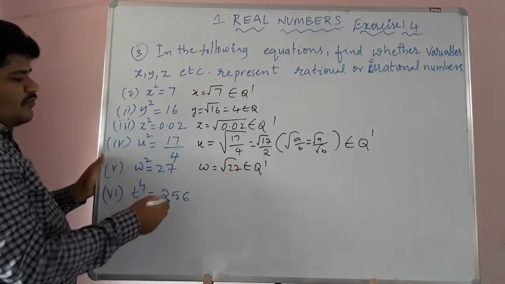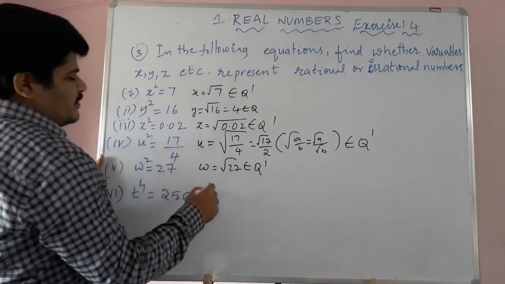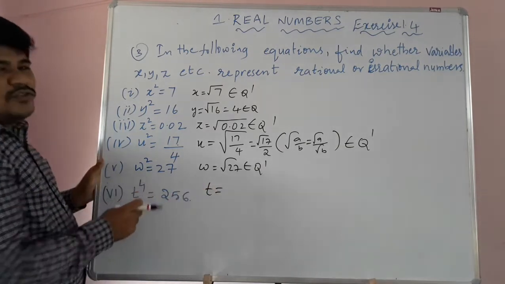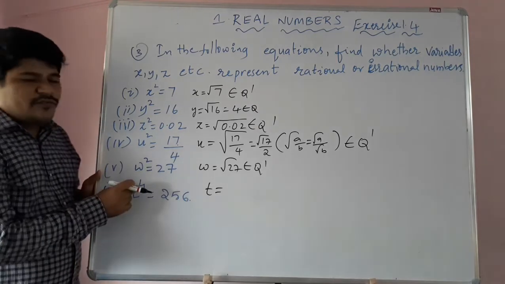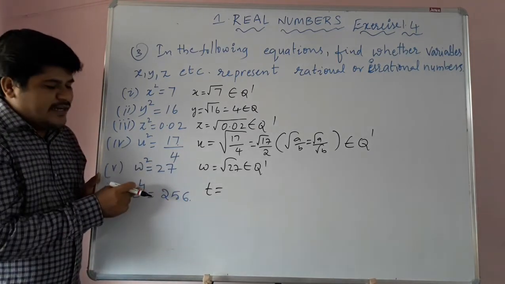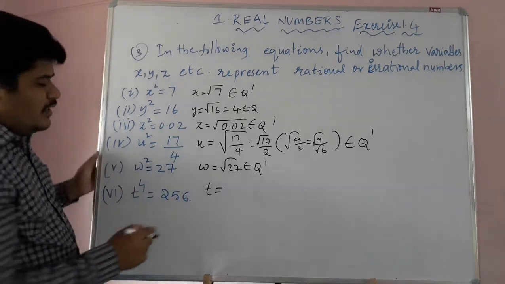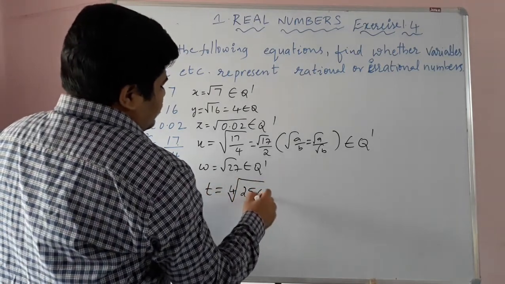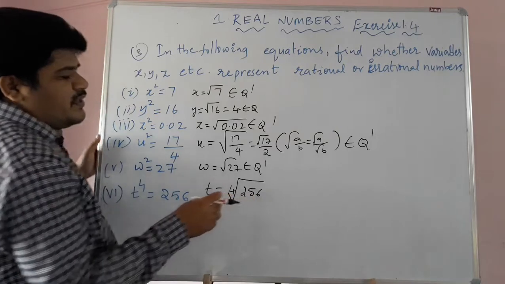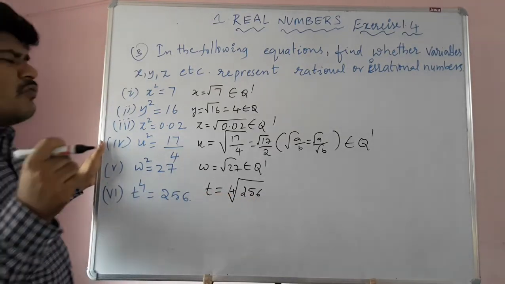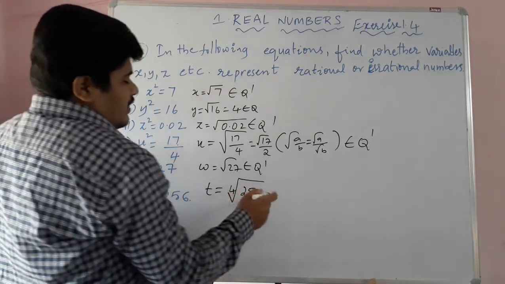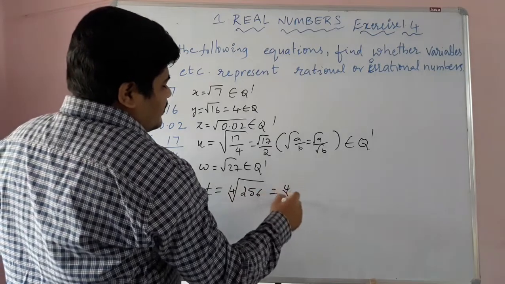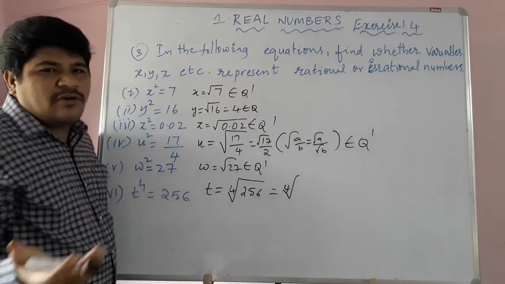Then t to the power of 4 is equal to 256. Then what is t equal to? Students, when we transpose power 4 to the other side, it becomes the 4th root. So 4th root of 256. This is called a biquadratic surd. And we can write 256 as 4 to the power of 4.